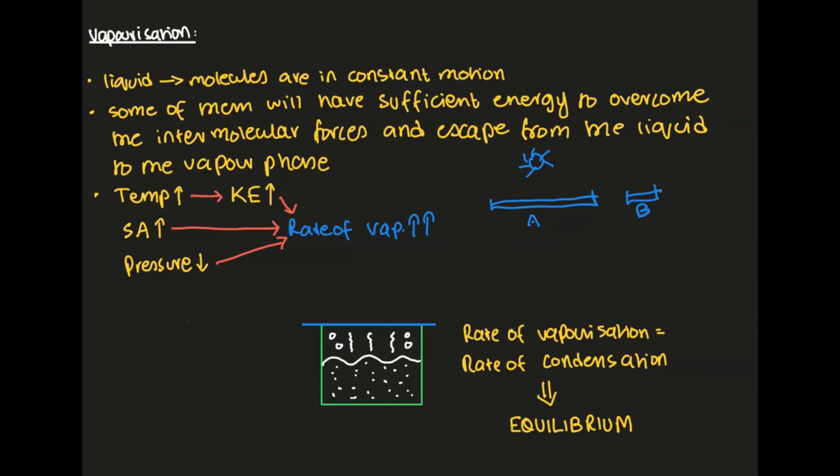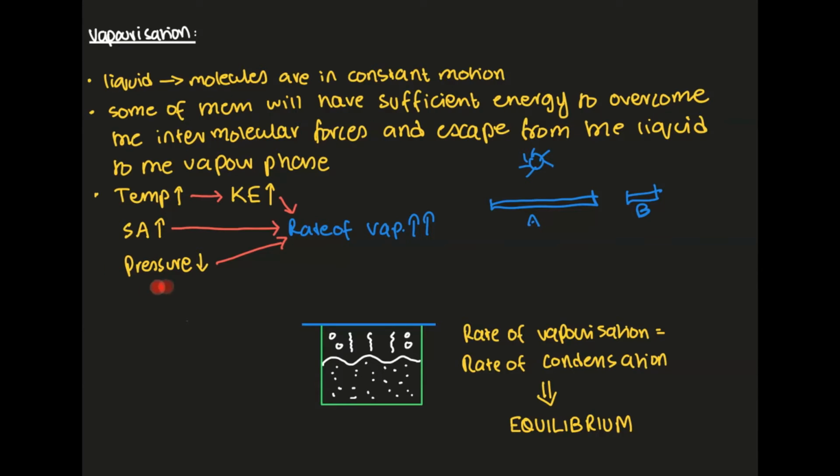Because of this, more molecules are exposed at the surface, and these molecules are going to gain more energy and escape, as compared to B, which has a lesser surface area, so fewer molecules are exposed. So if the surface area of your container is more, the rate of vaporization is going to increase.